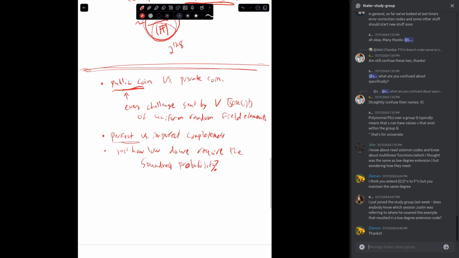Before you start studying this question, it may be the case that letting the verifier send arbitrary challenges to the prover versus these public coin protocols makes the private coin setting somehow more powerful, giving efficient interactive proofs for a bigger class of problems.